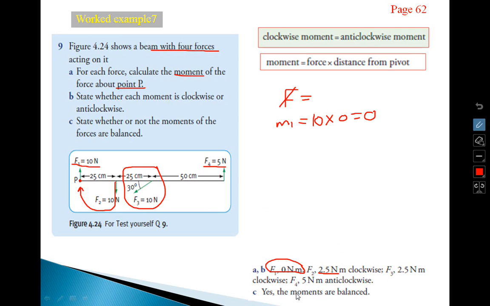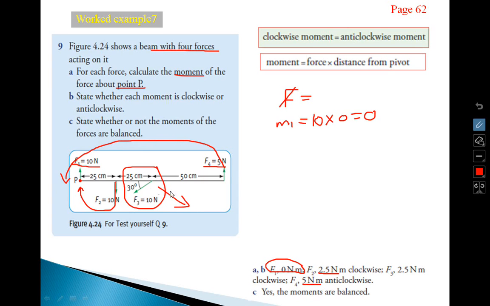So it equals 5 Newton times 1 meter. As we can see here, this is 5 Newton, where this one is moved here. This one is anti-clockwise.